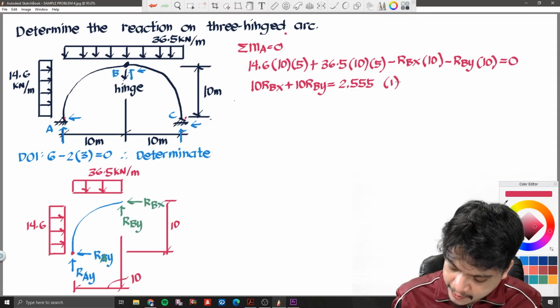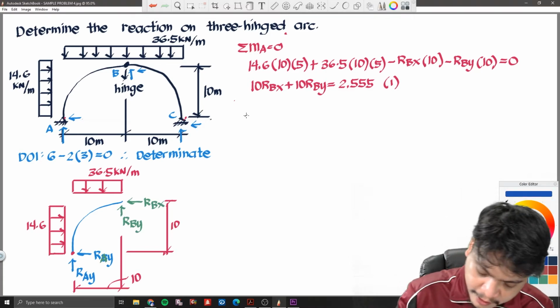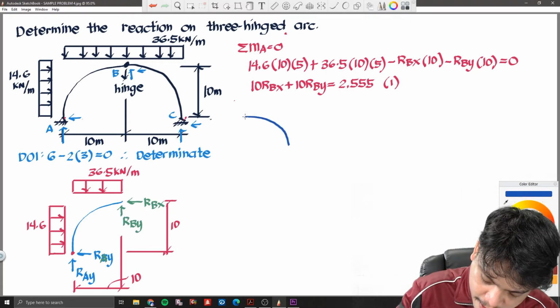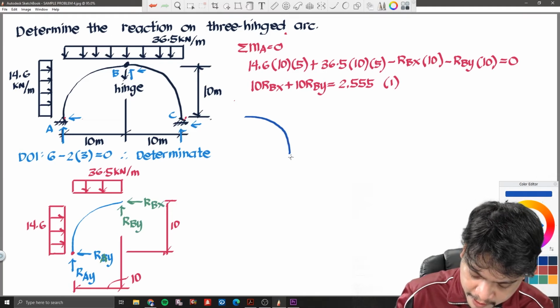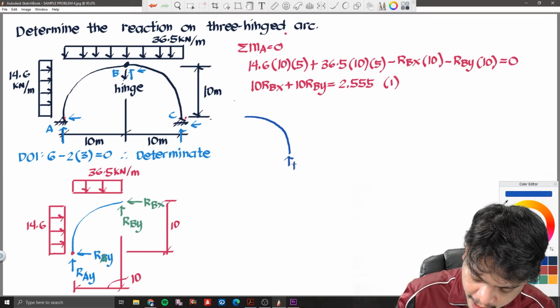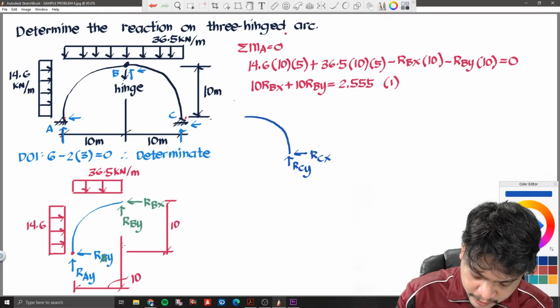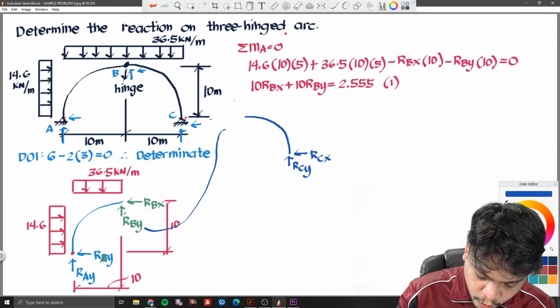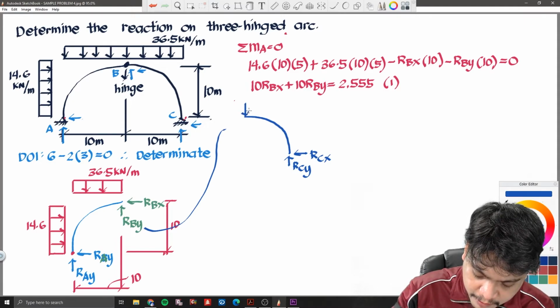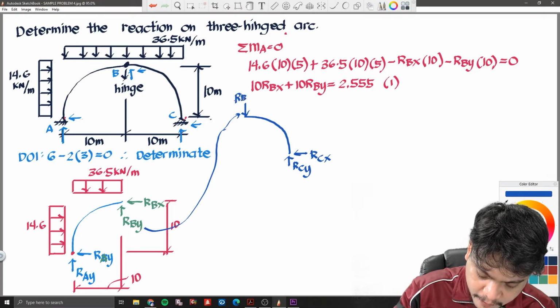And then, what we will do, yung kabila naman. So we will be having here this one naman, and then you will have the RCY and RCX. Pagdating mo dito, dapat action-reaction, yung kabaliktaran nito. So, kung ito ay pataas, pagdating doon, gagawin mo na siyang pababa. So, that would be your RBY.